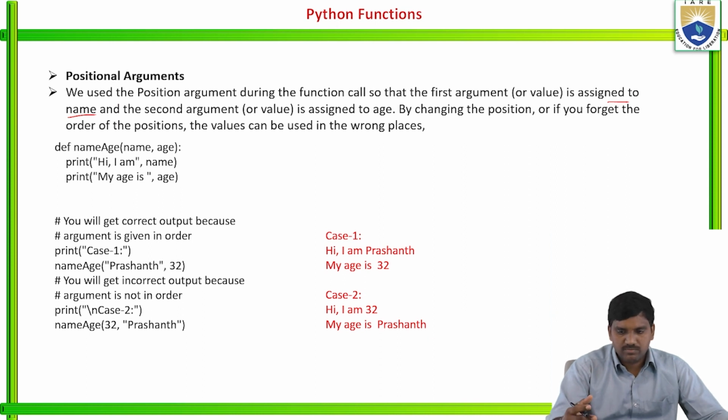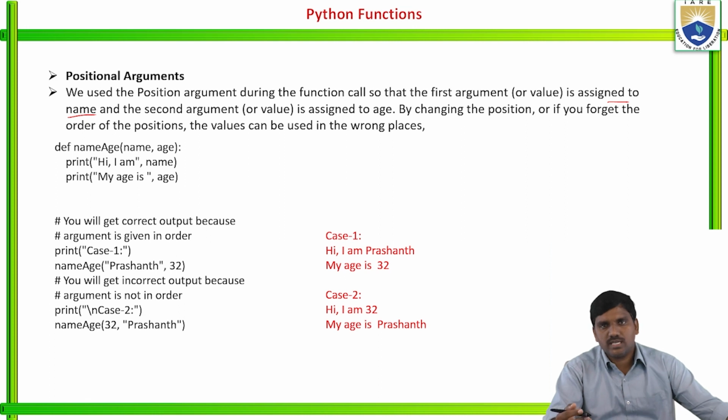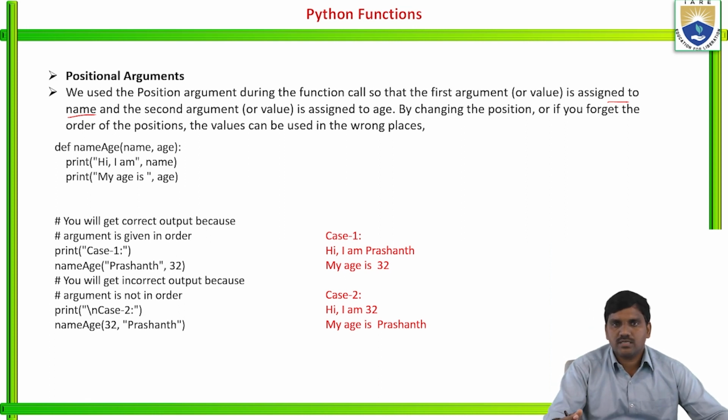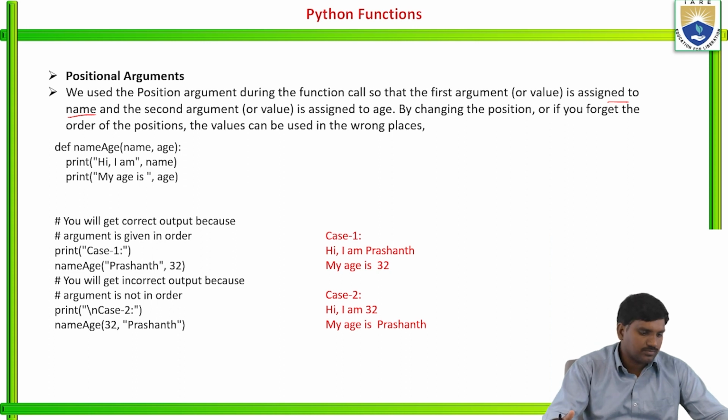So first argument, second argument, third argument, fourth argument, like that, one after another. If you change the position, or forget the order of the position, the values can be used in the wrong places. If you assign them the right way, it prints the right way, but if you assign them the wrong way, it displays wrong output too. That is the minimum sense you have to know.